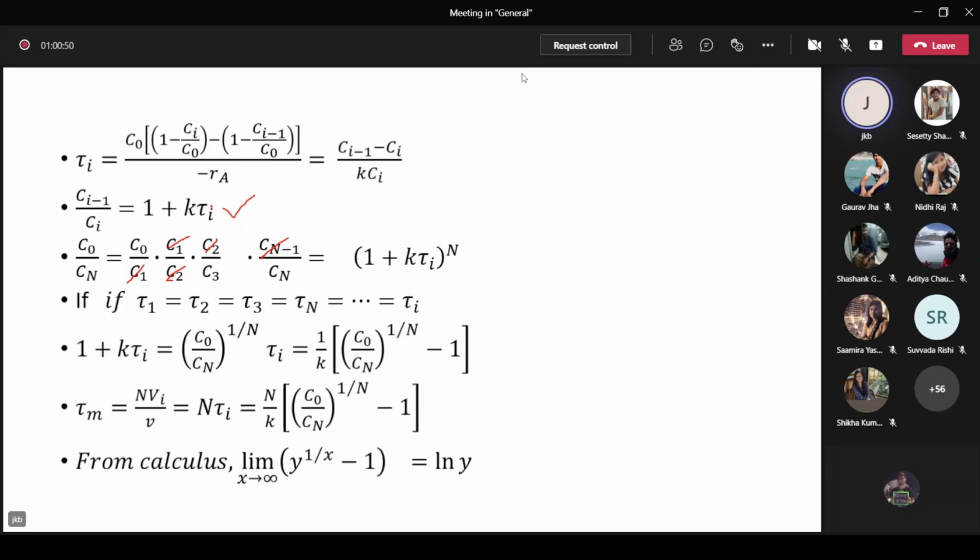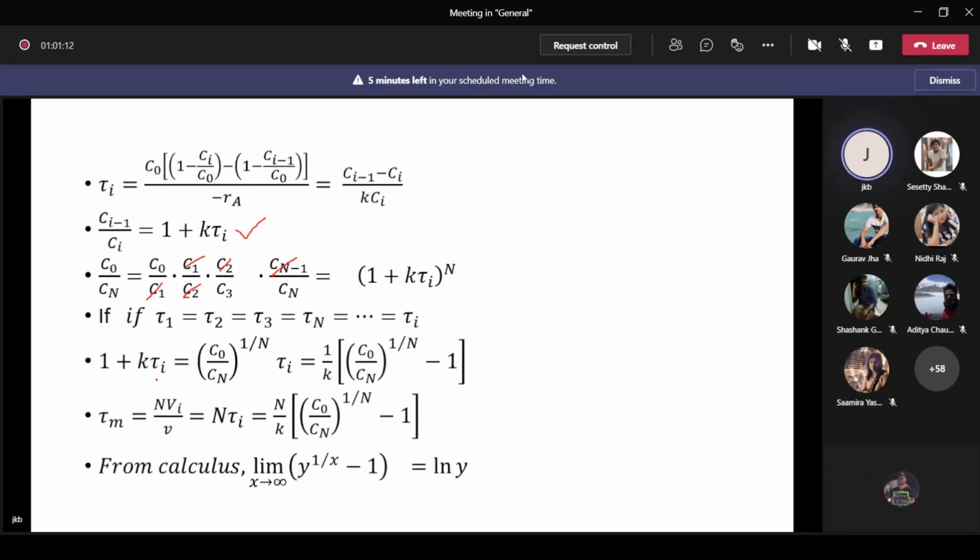This tau I is the ith reactor space-time, and if the flow rate and volume are the same, then tau 1 is equal to tau 2 is equal to tau 3 is equal to tau n, or tau I. That is, all individual space-times are equal, and in this case 1 plus k tau I is written as (C0 by Cn) to the power 1 by n, or tau I can be written by this equation for individual tau.